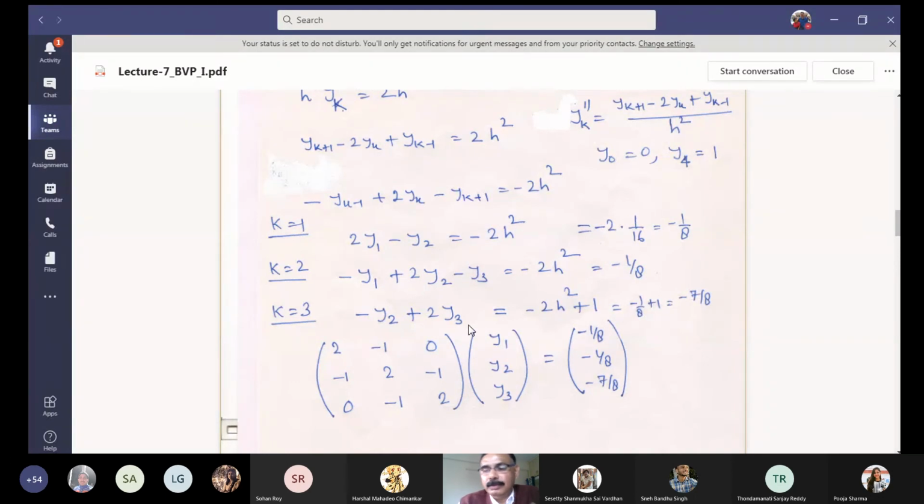You revise your Gauss elimination. Don't use your calculator. Solve this using Gauss elimination. Vardhan? Yes, sir. I already used the calculator. Yeah, it is very simple. Why? You see, you have to just reduce 2 entries.